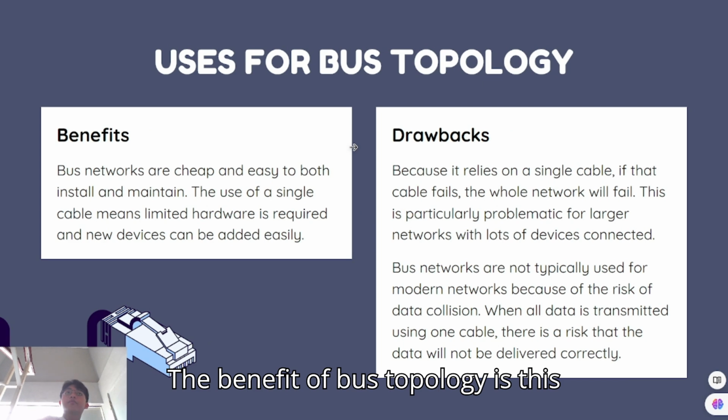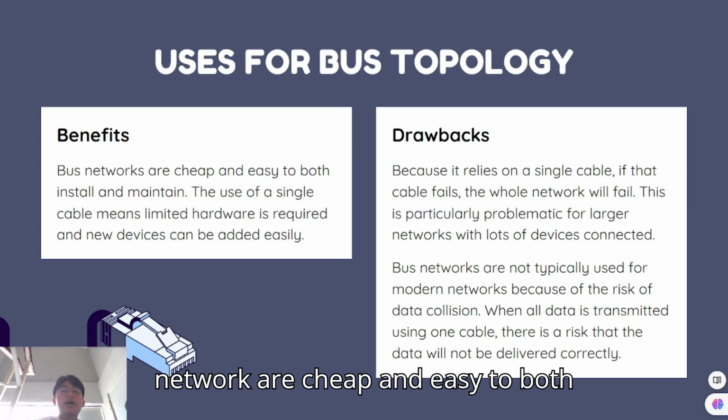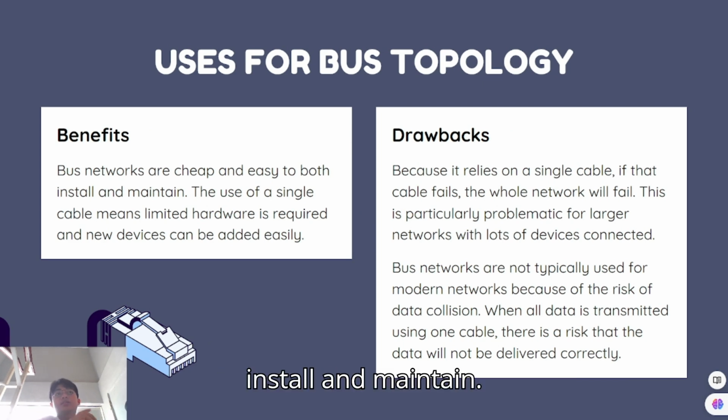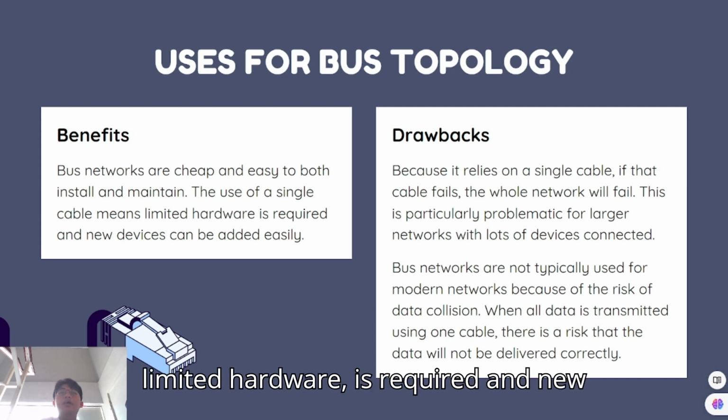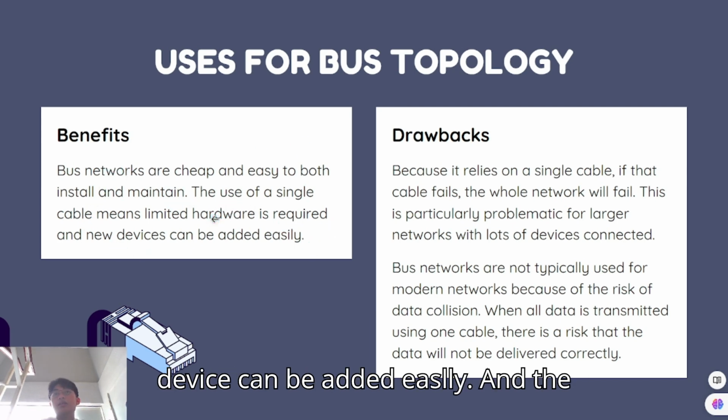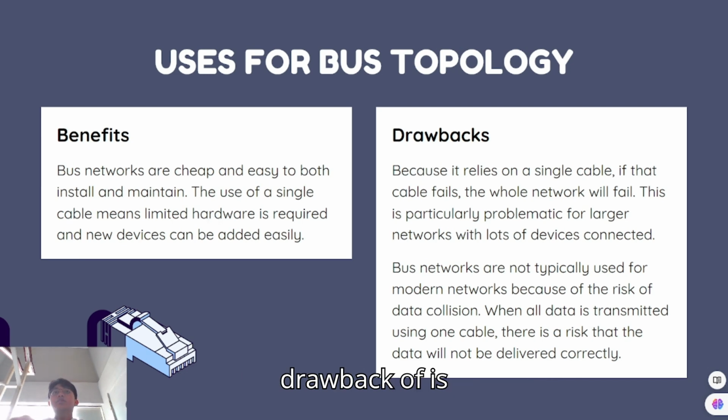Next, the uses of bus topology. The benefit of bus topology is that bus networks are cheap and easy to both install and maintain. The use of a single cable means limited hardware is required and new devices can be added easily. The drawback of bus topology is that because it relies on a single cable, if the cable fails, the whole network will fail.